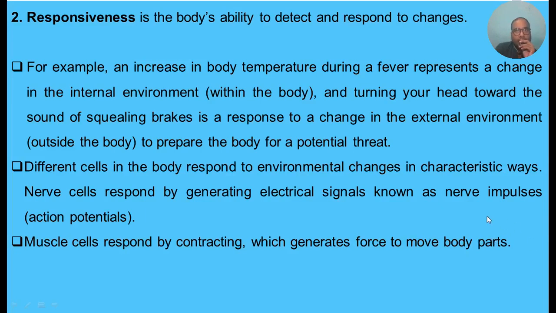Any living organism will show some responsiveness. It will respond to environmental change, whether it is the internal environment or the external environment. It will definitely respond to it. If it does not respond, it may be a dead organism.